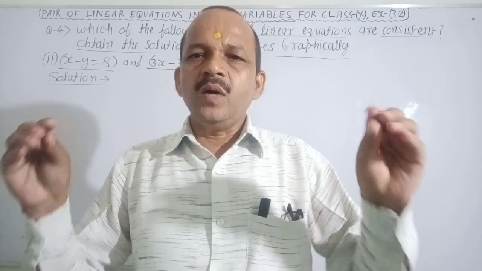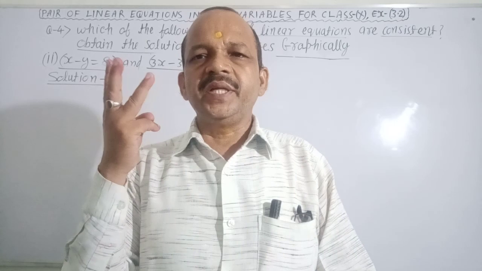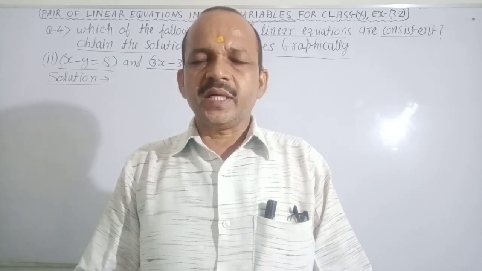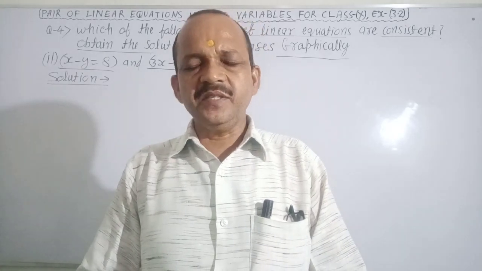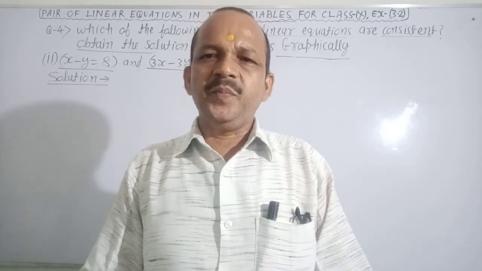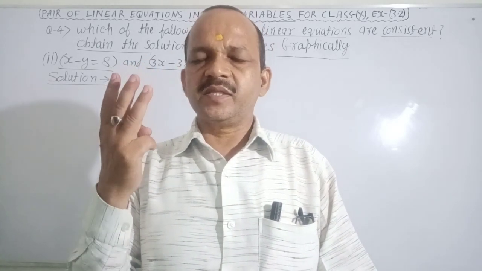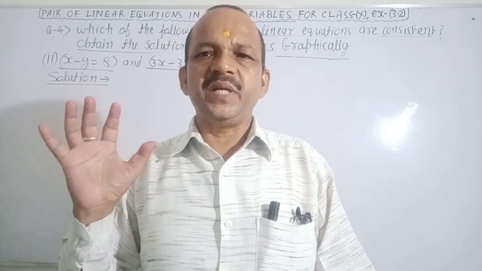Very good. Now I want to describe algebraical methods. There are three types of algebraical methods. First, substitution method. Second, elimination method. Third, cross multiplication method. It means you can solve your question very easily with the help of these three types of algebraical methods: substitution method, elimination method and cross multiplication method.